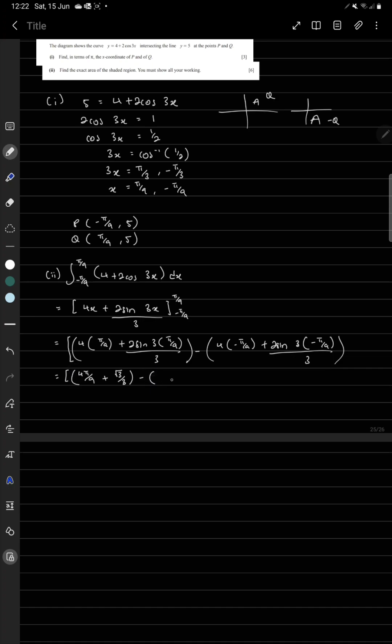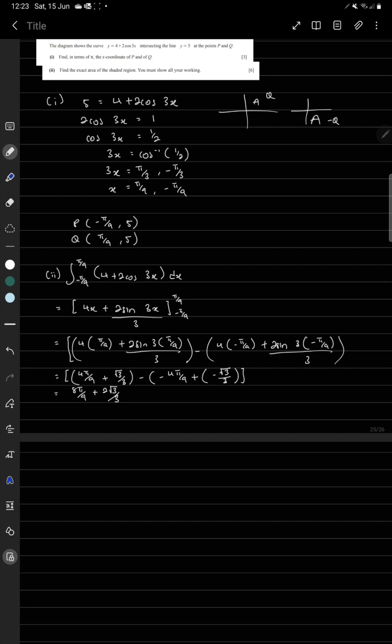Then minus negative 4 pi over 9, then plus negative root 3 over 3. Let's finalize everything here. We should have 4 pi over 9 plus 4 pi over 9, that's going to give you 8 pi over 9. Then root 3 plus root 3, negative times negative, is going to give you positive 2 root 3 over 3.